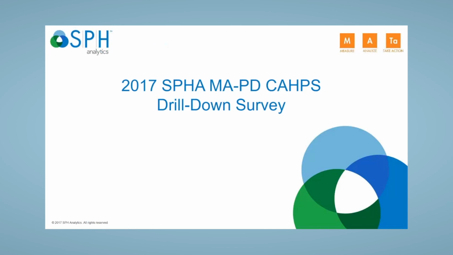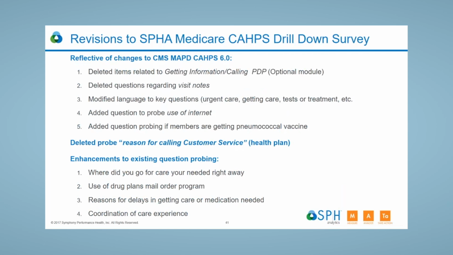So as a result of those changes that were made to the regulatory version of the survey, we have revisited our Medicare CAHPS drill down survey content to more closely align with those changes. Some of the changes that we made to our drill down survey include taking out items related to getting information about the prescription drug plan, since that was removed from the regulatory survey.